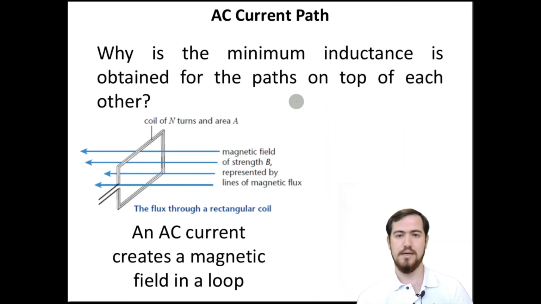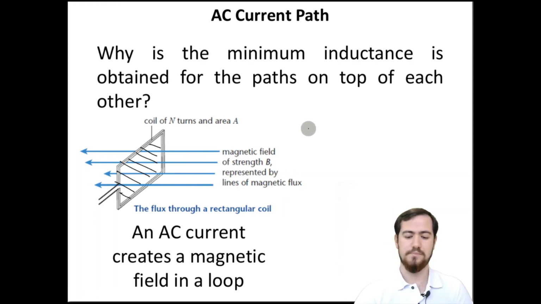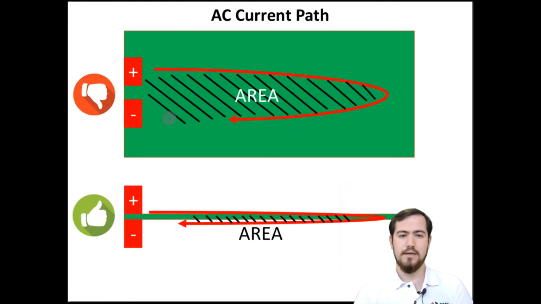And as I just explained, the region that the coil has actually gives us the inductance as well. So we need to minimize this region always, and for that purpose we need to place the pads on top of each other on different layers. And that's another view of this concept.